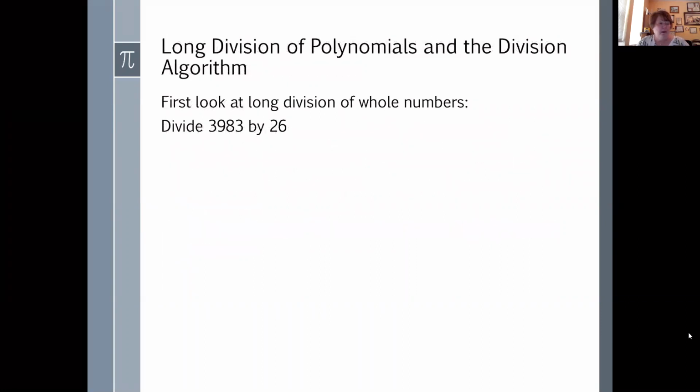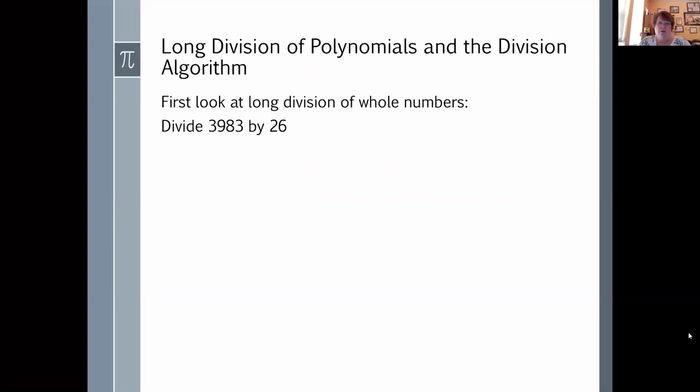All right, before we begin our division of polynomials, let's review long division in arithmetic. So we're going to divide 3,983 by the number 26. And it's important that we actually know what these things are called, because when we start doing long division of polynomials, we're going to use the nomenclature of division frequently.